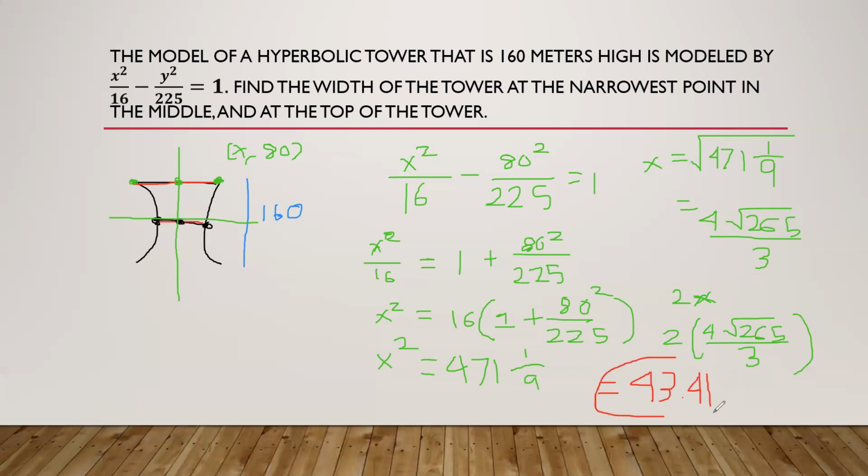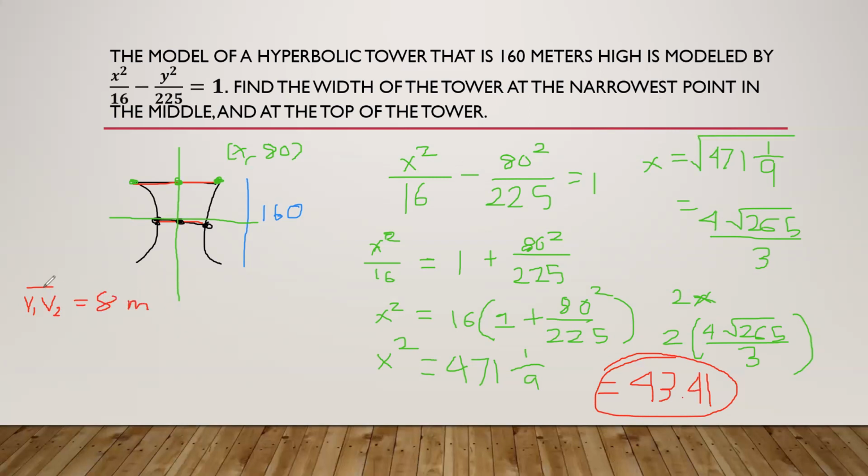So this is our answer. Let's compile our answer to make it easier. From the line segment V sub 1, V sub 2, that is 8 meters.